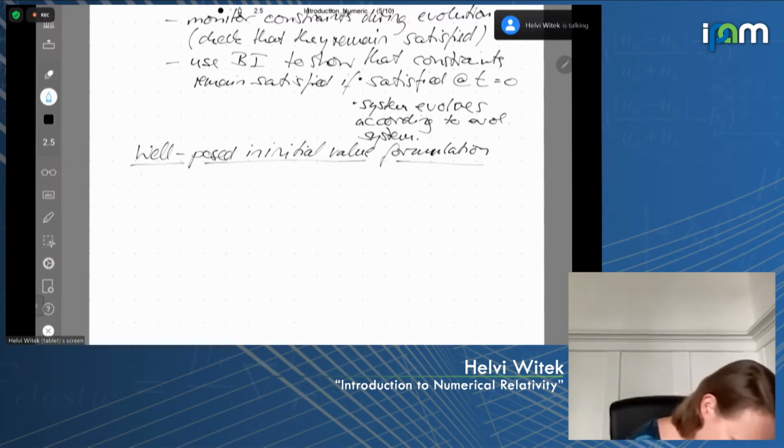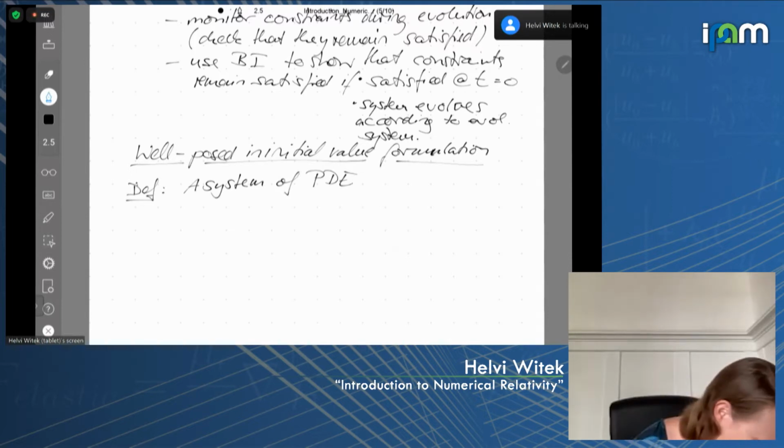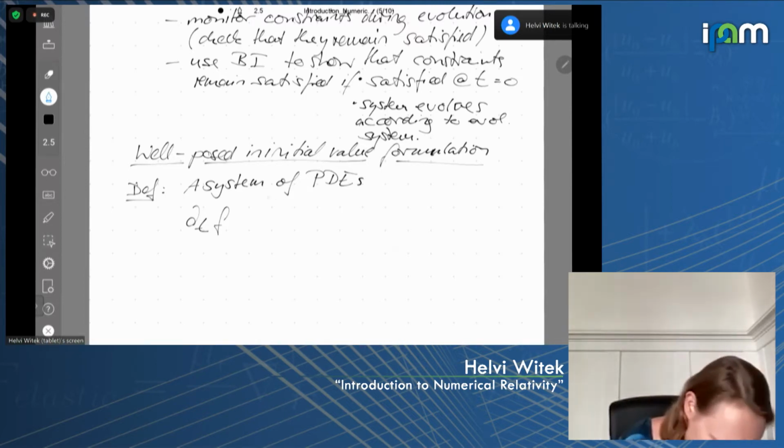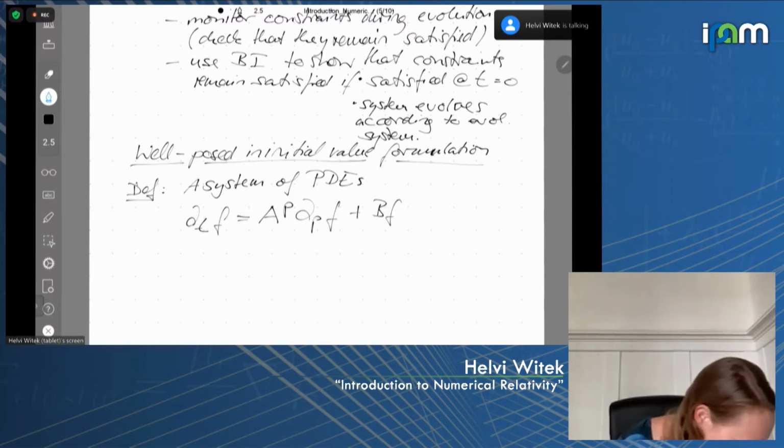Okay, so version 1, and this is the appropriate one, is if we have a system of partial differential equations, and let me just use PDE again as abbreviation, of the following form, where we have a time derivative of a function or a vector of variables with a coefficient matrix, plus some lower order terms, and we prescribe some initial data of this form.